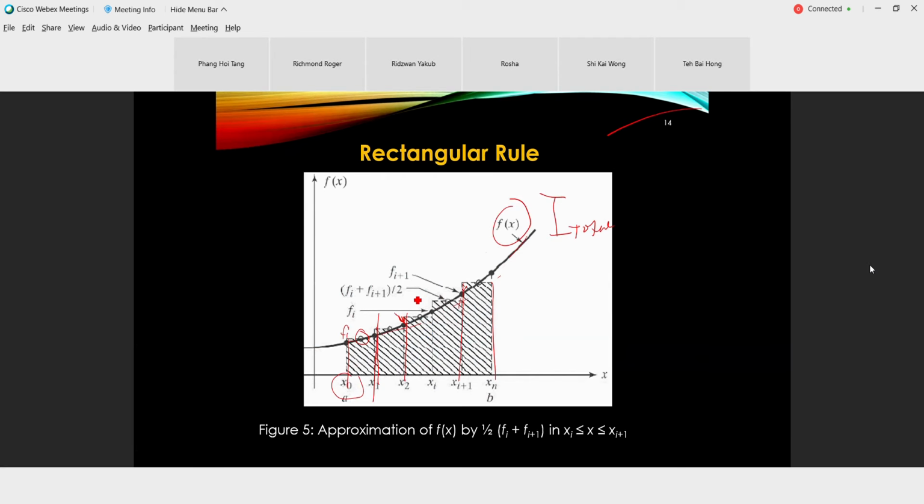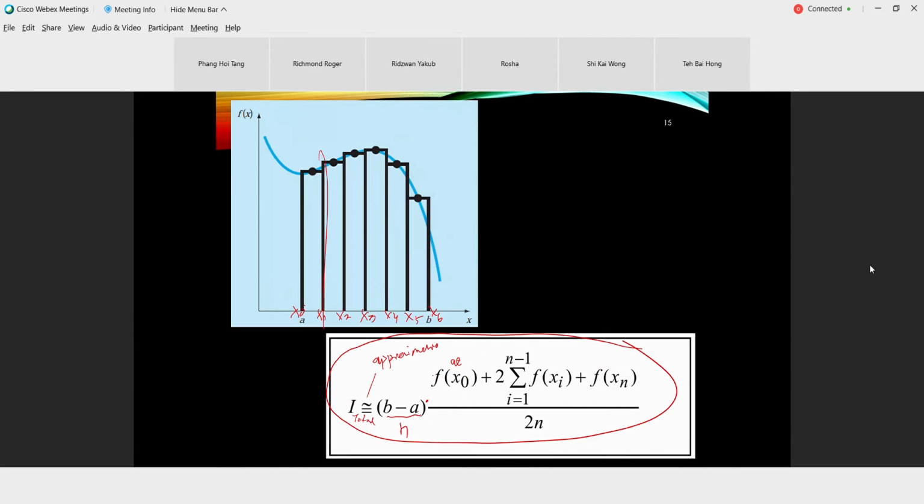So it's a double f_i. This is f_i, this is f_i. So when we come to this point at x1, it's basically 2 f_i. So f_i starts at x1 here.